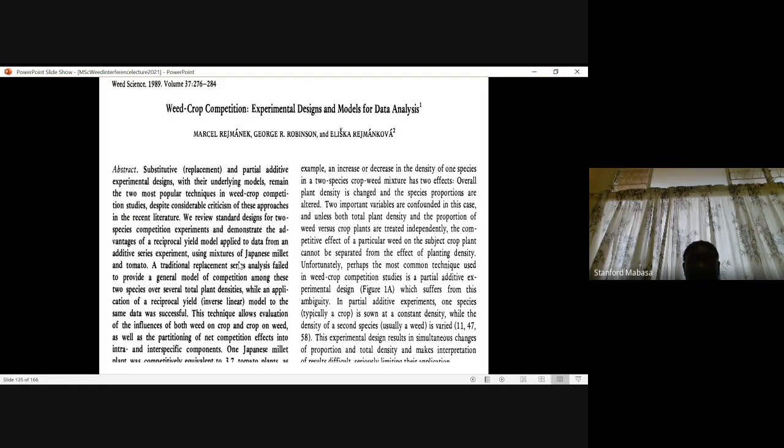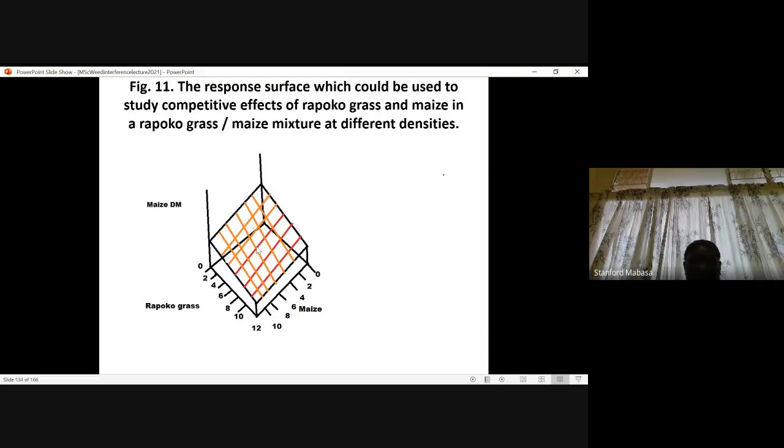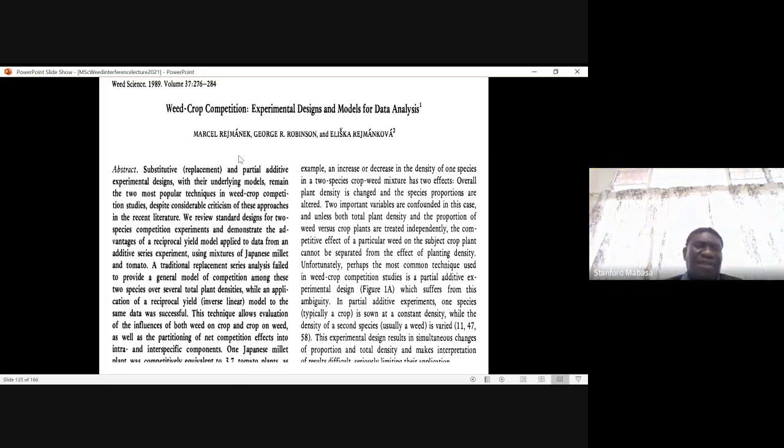If you want to get further information about the response surface graphs, where they are being applied, you may have to read this paper by Regmanek et al.